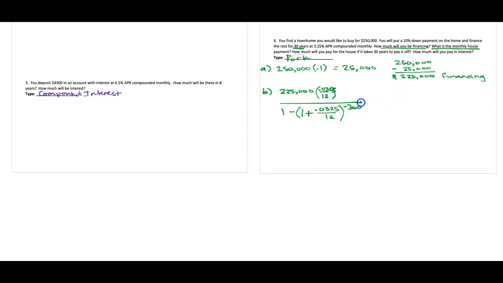Okay, then again, you just put that in your calculator, kind of the same way that we did above. You guys try it on your own this time. So write down some of those numbers and take out as many digits as you possibly can to get it close to the right answer.